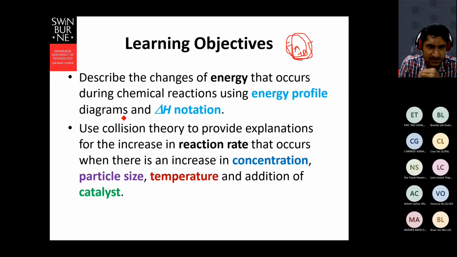We will express it with delta H, that is the enthalpy, the change in heat of the reaction. Later on, we will show how collision theory helps us understand how the reaction rate goes faster or slower, and how the collision between the particles helps the reaction to occur.